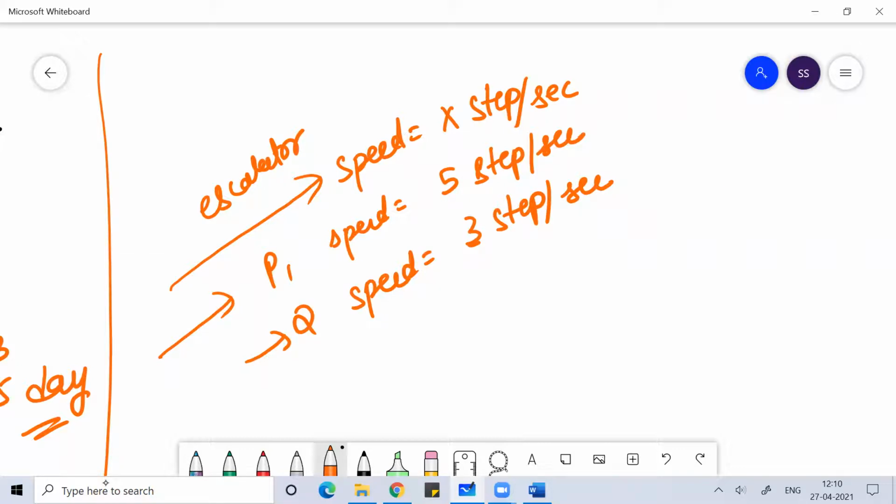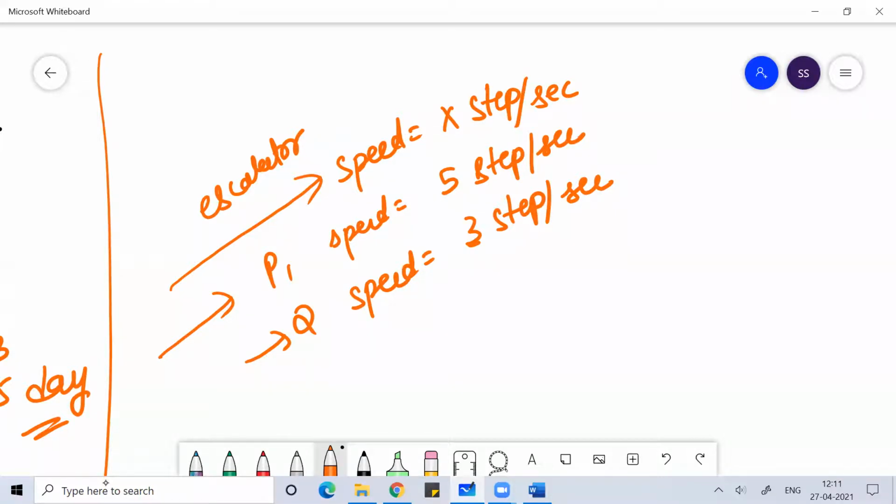Here you can compare the speed. You know that P is faster than Q. So 5 steps of P is equal to 3 steps of Q.